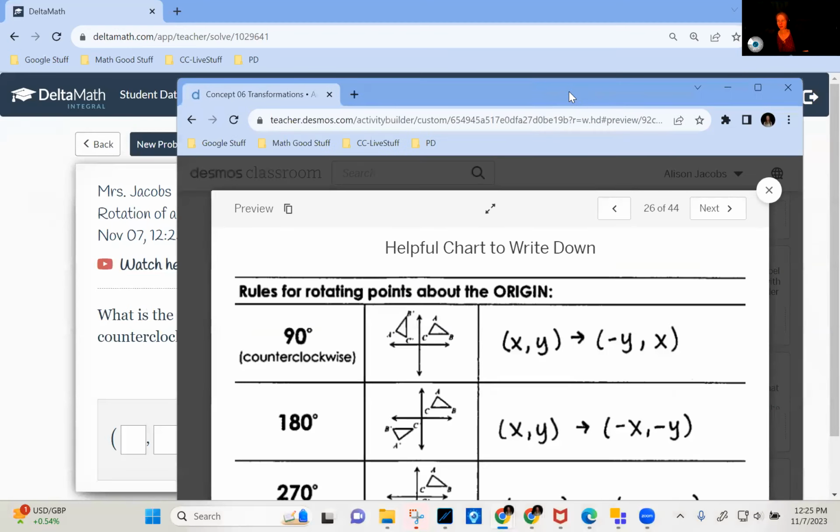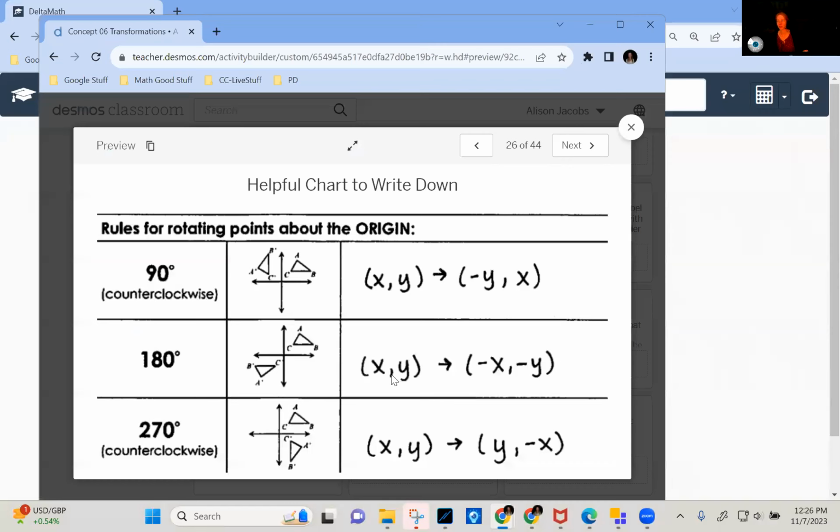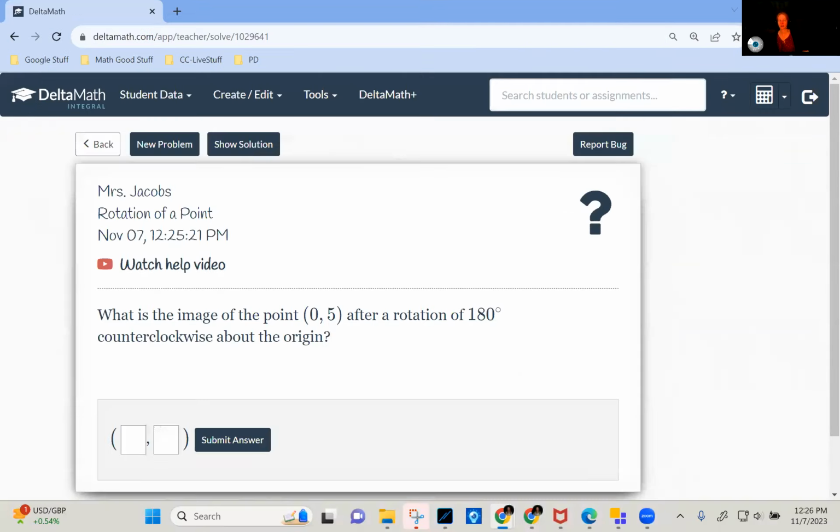I'm going to see which rule I need. In this case, it says I'm doing 180 degrees, so I'm doing (x, y) to (negative x, negative y). Negative x, negative y: 0 stays the same, the y becomes negative.